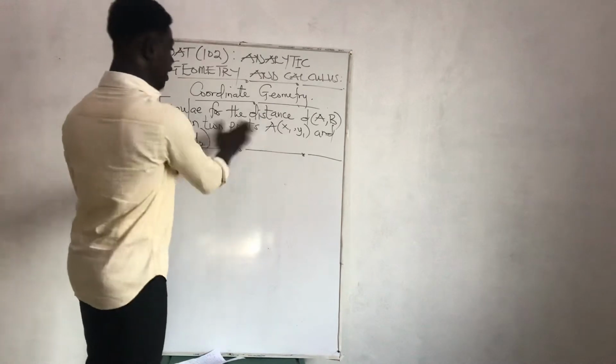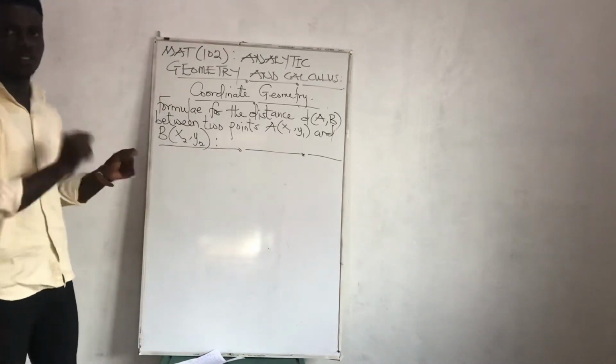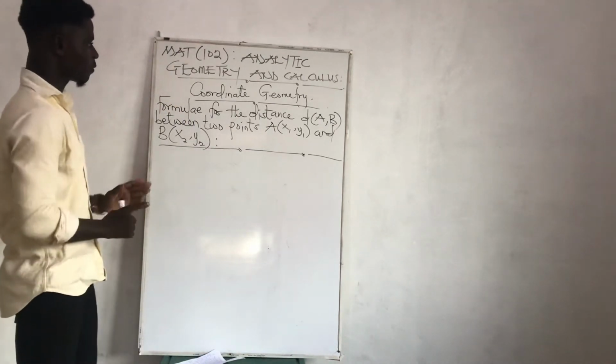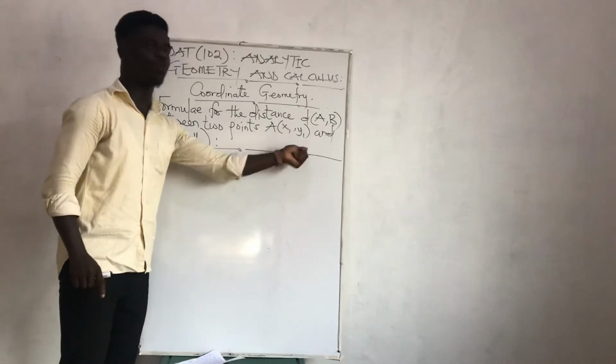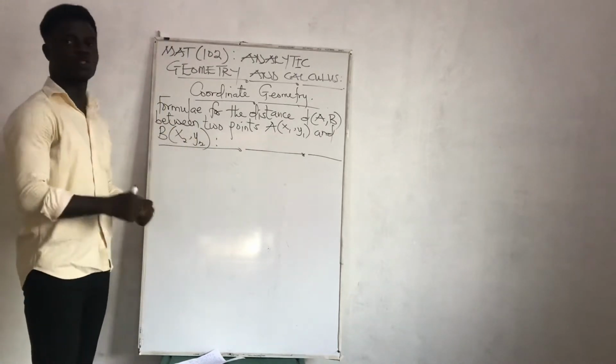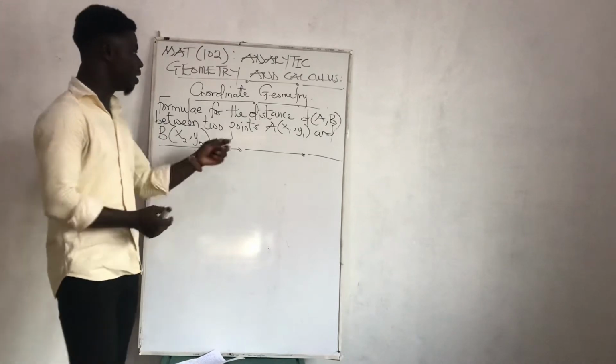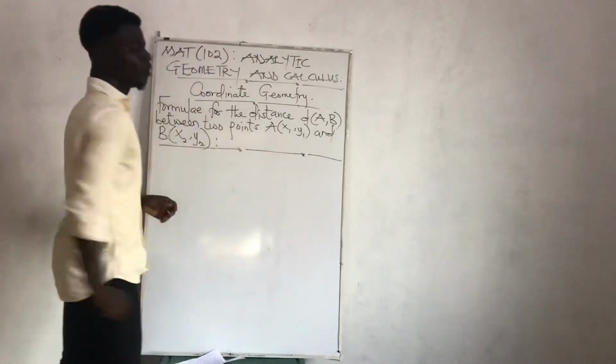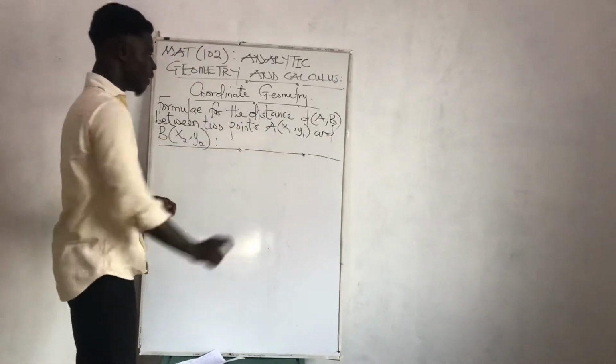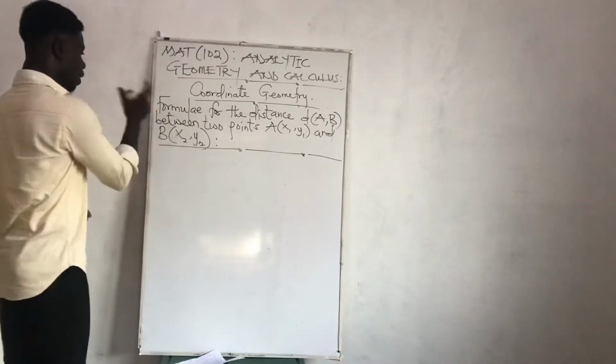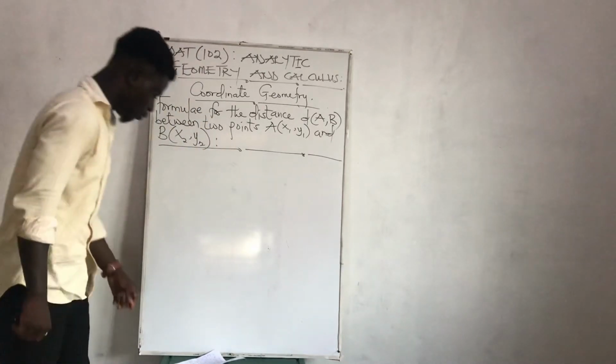So you can see the uniqueness of each point. Point A has x1, y1. Point B has x2, y2. So we assume that point A has these real numbers x1, y1, then point B, x2, y2.